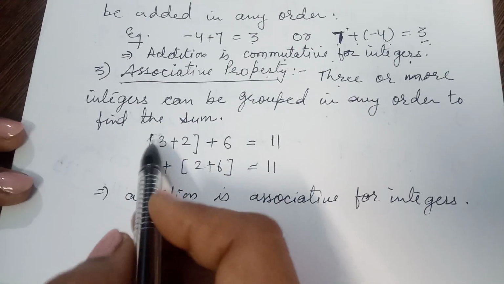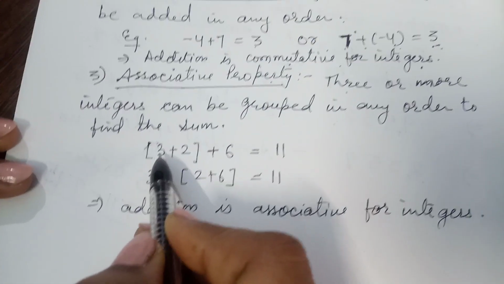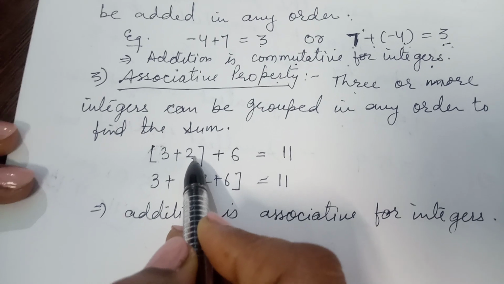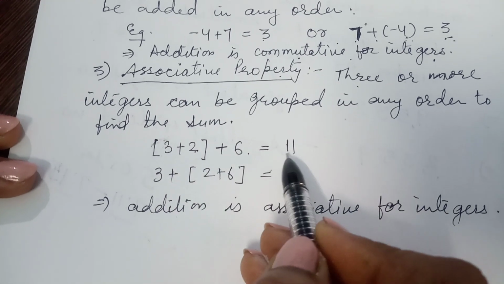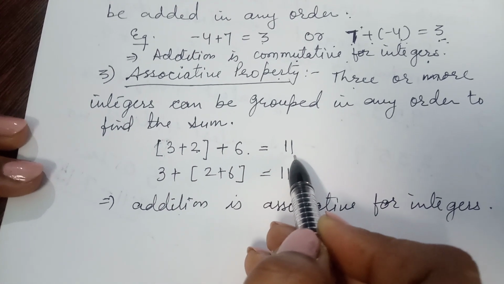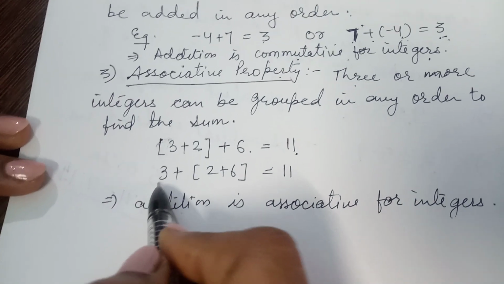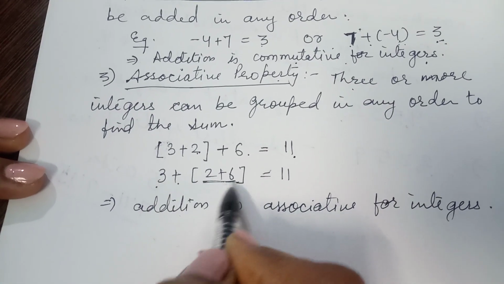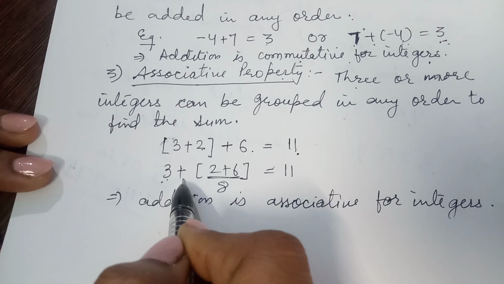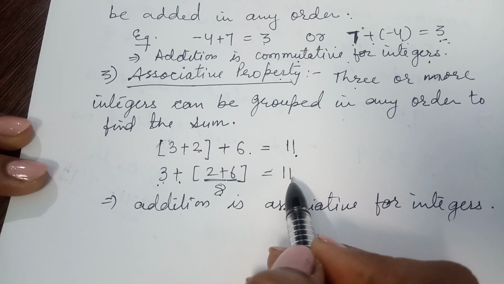If we are doing 3 plus 2, 5 plus 6, it will give you 11. Or if we do 2 plus 6, 8, 3 plus 8, it will also give you 11.